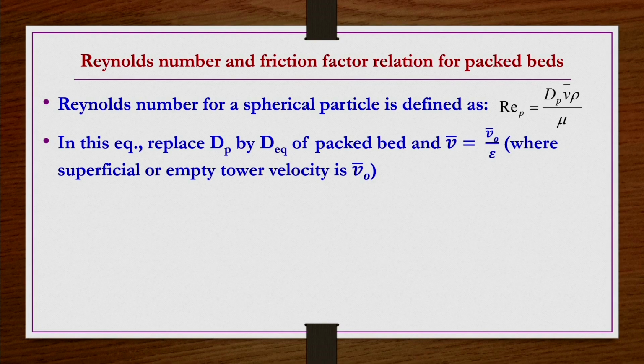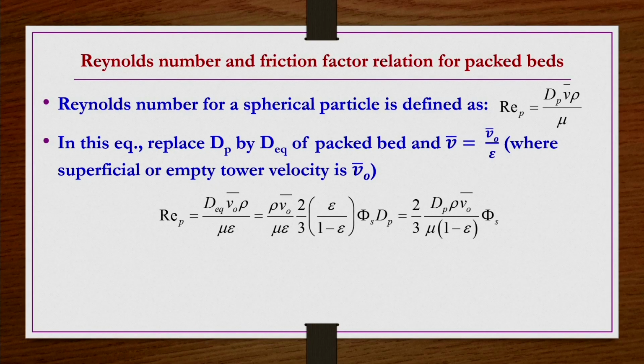Now, in this equation dP we replace by d equivalent, and V bar we replace by V naught bar by epsilon, in order to bring in the effect of the packed bed characteristics in this Reynolds number. Then Rep equals d equivalent times V bar, which is nothing but V naught bar by epsilon.